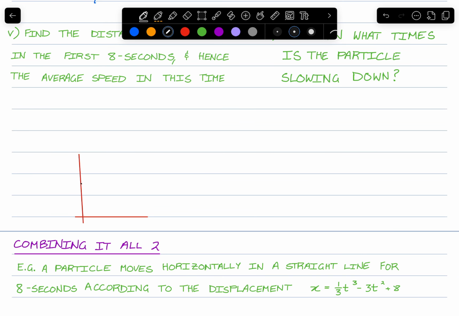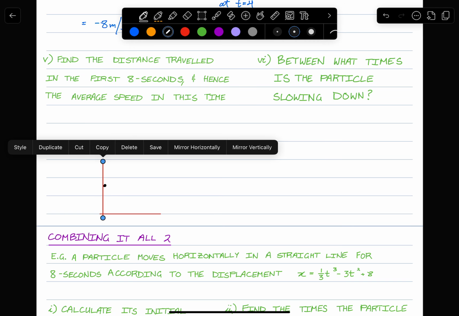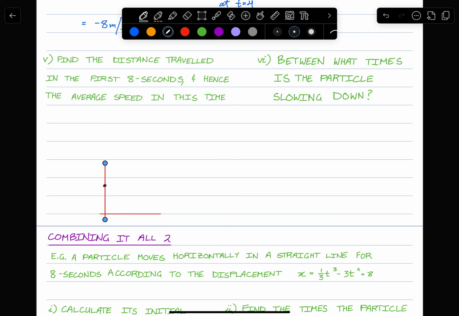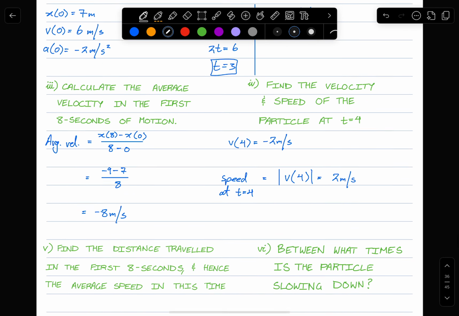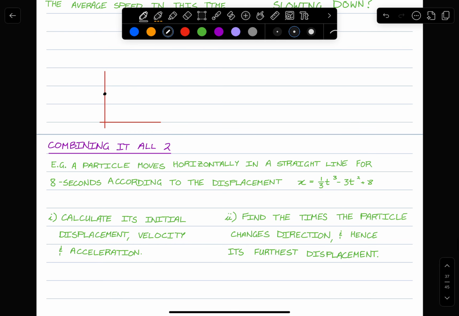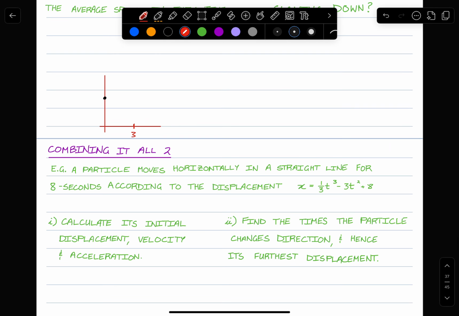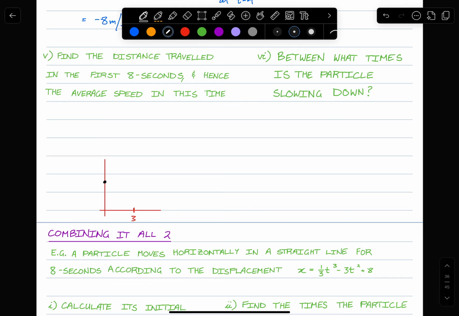We found that the turning point was at t equals 3, and its turning point is 16 meters. So 16, like so.